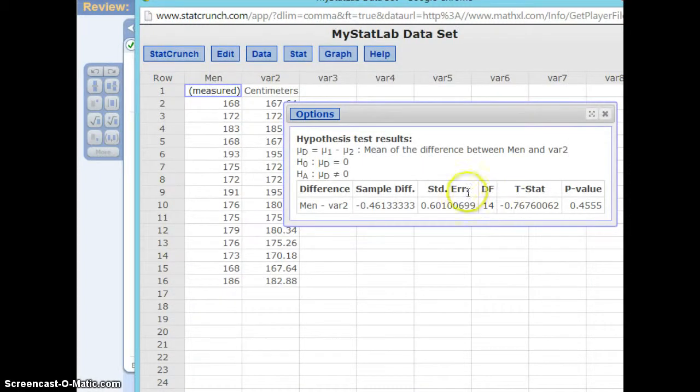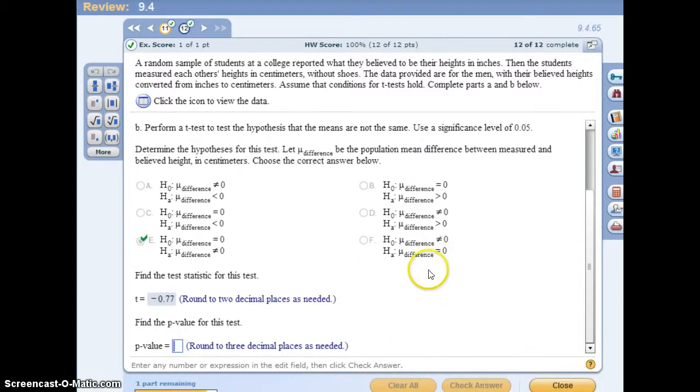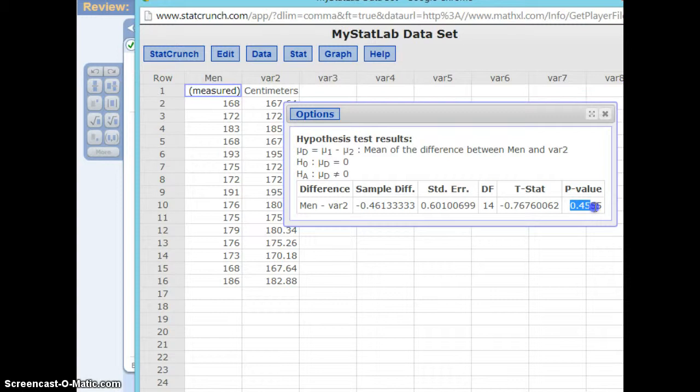So here is your t-statistic, and we copy that, rounding to 2 decimal places, and the p-value is 0.455.